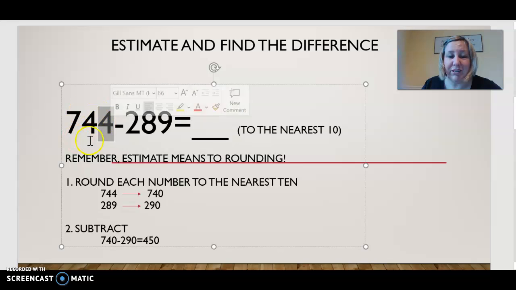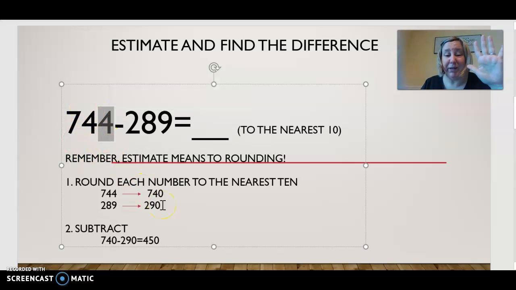And we're looking at the digit in the tens place. 5 or more, you make it bigger. 289 to the nearest 10 rounds to 290. So now we're ready for step 2, to subtract. 740 minus 290 equals 450. All right. Let's do another one.